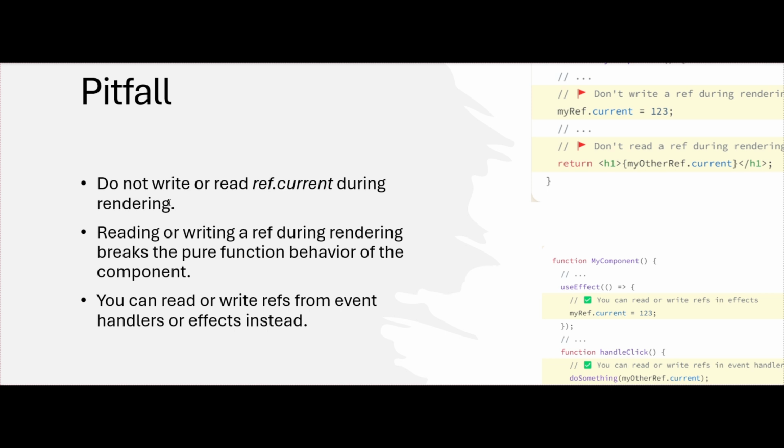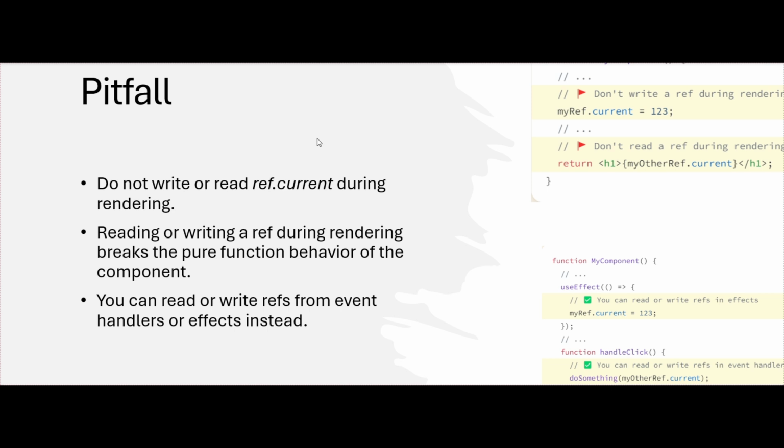React expects each and every component to be a pure component. So if we use ref.current during rendering, there is a chance of breaking that functionality of your component. Because of that, we should not read or write ref.current during rendering. You can read or write refs from event handlers or effects.